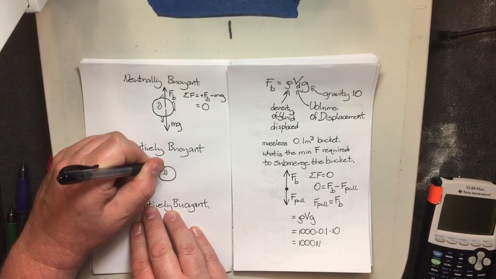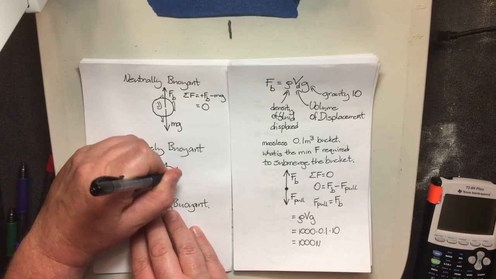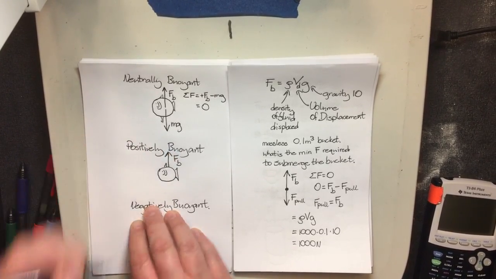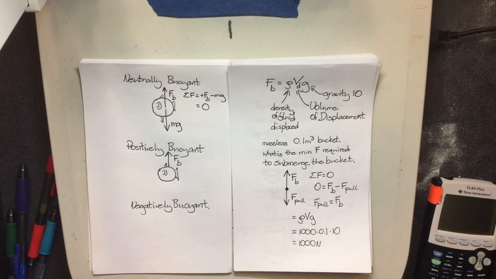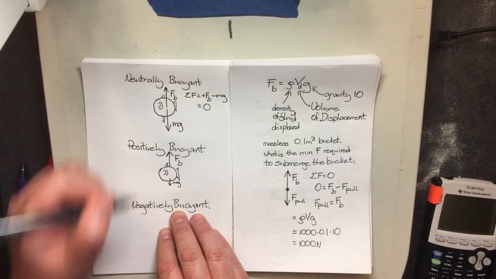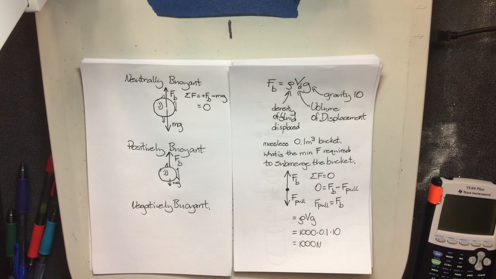it's still displacing the same amount of fluid. So the buoyant force remains the same. Same volume, same fluid displaced, same gravity, but the mass of the water inside the fish and the fish itself goes way down because we've displaced all the water in the fish.